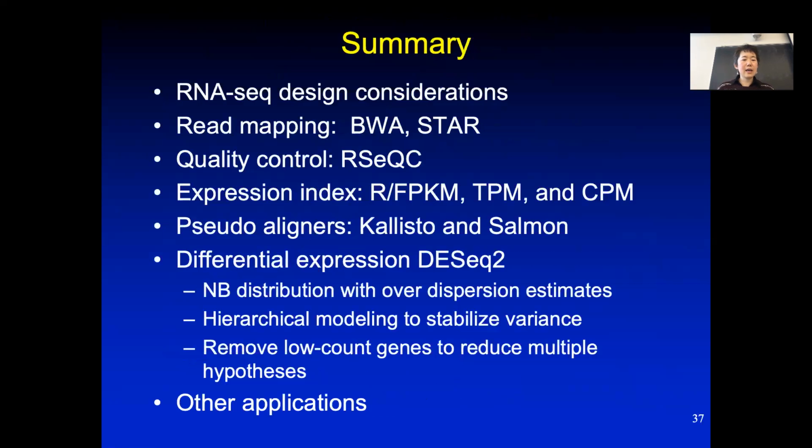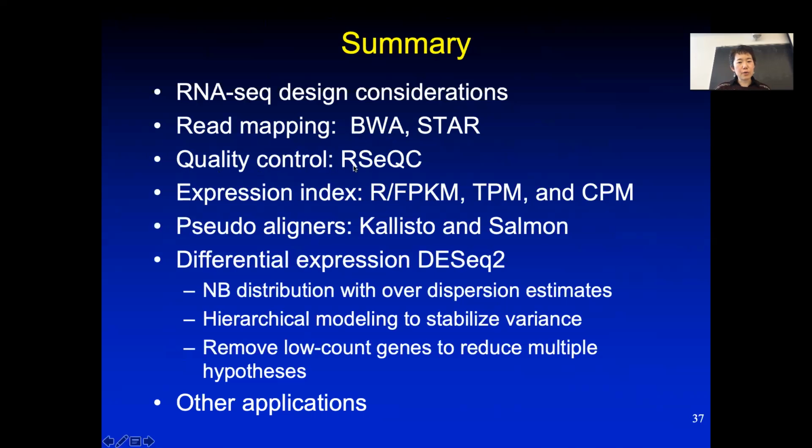Okay, so in summary, for RNA-seq, make sure you still do careful experimental design and try to avoid batch effect. For read mapping, we want to use splice-aware aligners, not BWA, we want to use STAR.